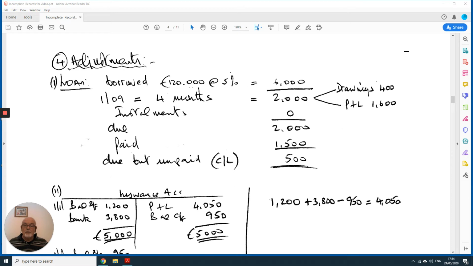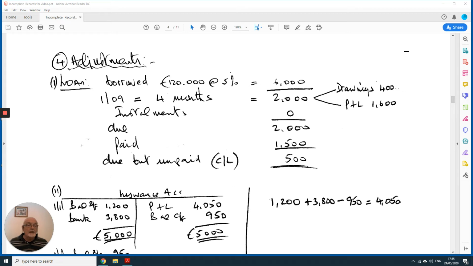We've borrowed 120,000 at 5%, so 6,000 would be a full year's interest. As we borrowed it on the 1st of the 9th, it's only 4 months, so a third of a year. So the charge for interest will be €2,000. And the question tells us that 20% of the interest payable, that means 20% of the interest for the year, which is 1/5 of 2,000, is charged to the owner as drawings.